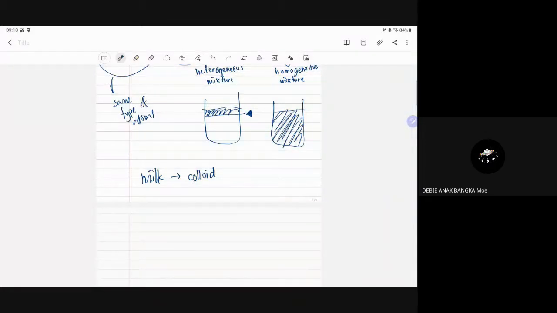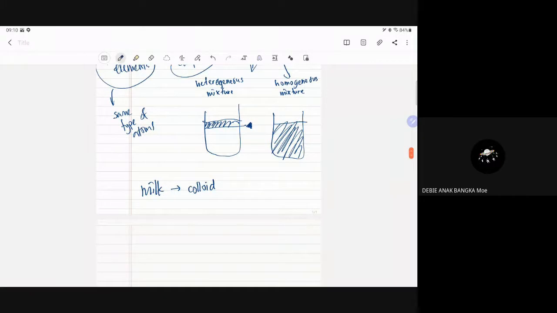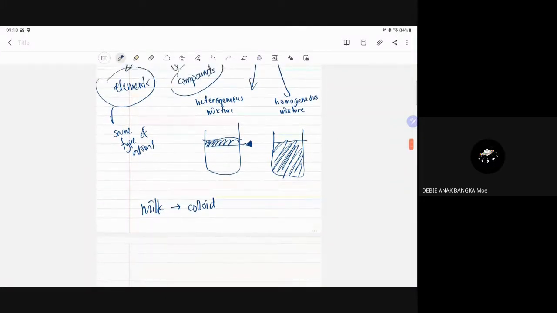In terms of homogeneous dan heterogeneous, secara umumnya a lot of things kamu boleh guna mata kasar untuk compare. But there are certain situations yang mata kasar nampak macam homogeneous but it's actually not. Okay, Debbie, did I answer your question? Yes, sir. Thank you. Anyone else? Ada soalan lagi tak?